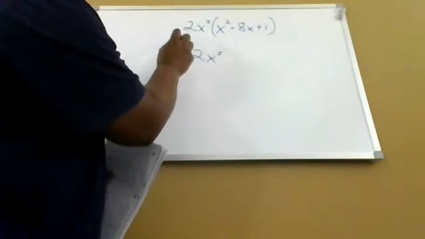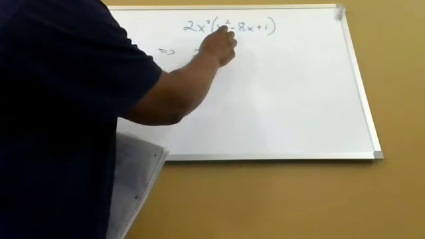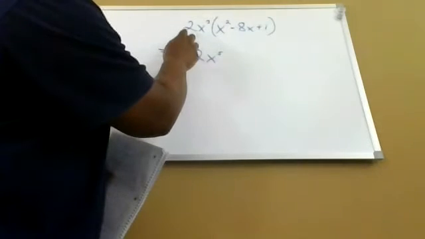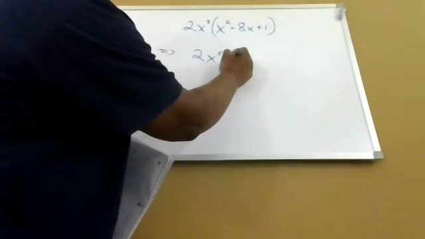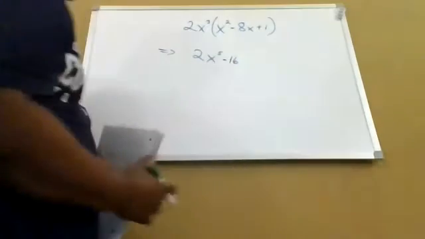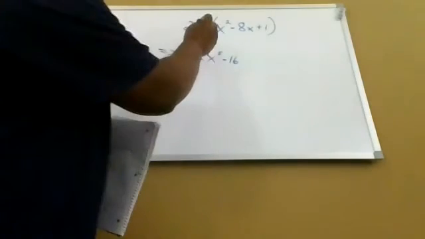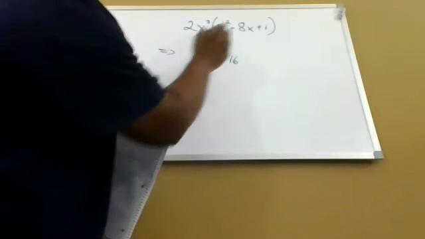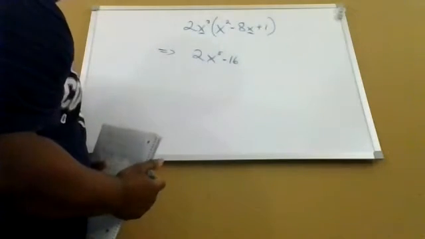So now I have to multiply 2x to the third power times negative 8x. Well, 2 times negative 8 is negative 16. And then x to the third power times x is going to be x to the fourth power.